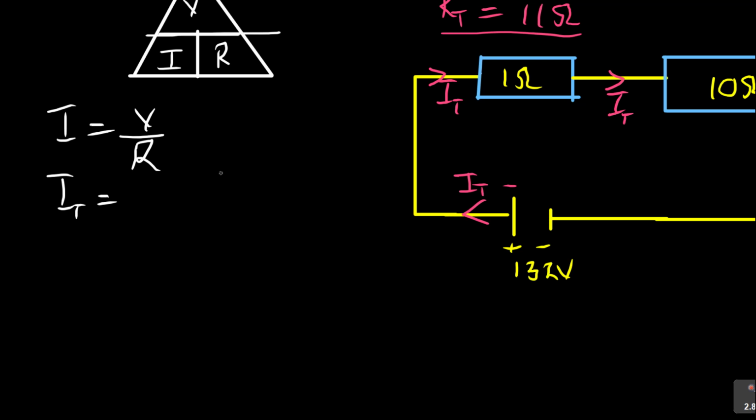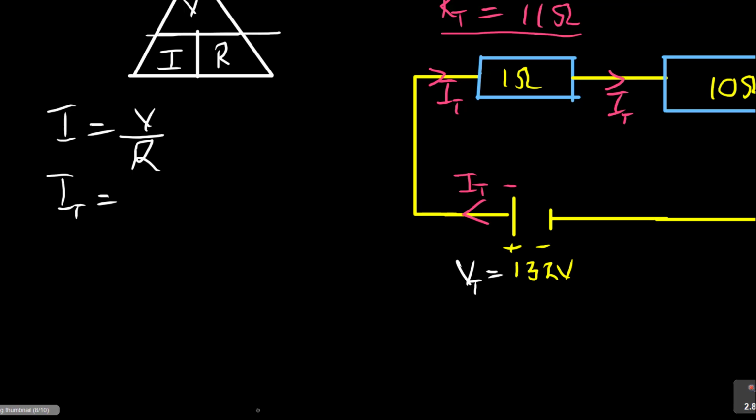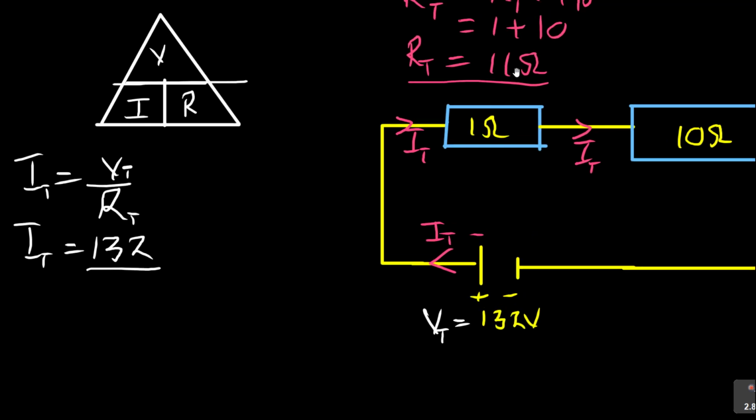This was VT, if you remember the question. Let's go back, you see, they gave us there is the VT. Alright, now, so it's 132 over what? Over total resistance. So it's VT over RT because it's IT. So all of it is just total. And then total, that was 11. So what is IT?